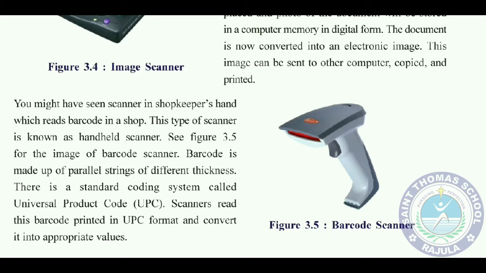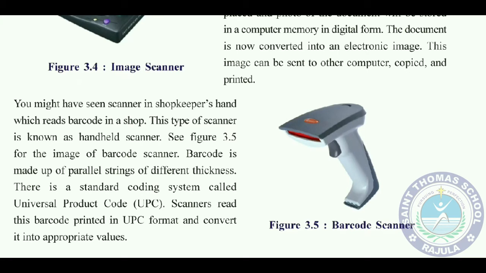Through the barcode scanner we can directly store that product price into the computer. So how are they generating bills? They just scan the barcode, the value is automatically stored in the computer, and the bill is generated. So this is the use of a barcode reader. And what is the other name? Yes, handheld scanner.